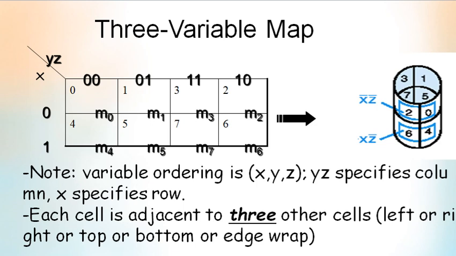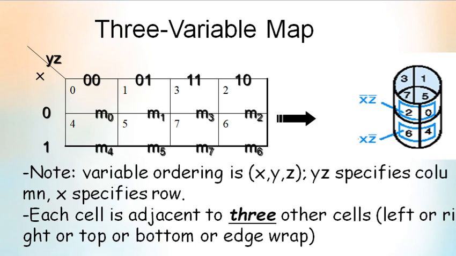When the number of variables in the Boolean expression is 2, then the number of cells is 2 raised to 2, that means 4. So we can use a 2 variable Kmap for solving a Boolean expression with 2 variables. When we have 3 variables, we have to use a 3 variable map with 2 raised to 3, that means 8 cells.